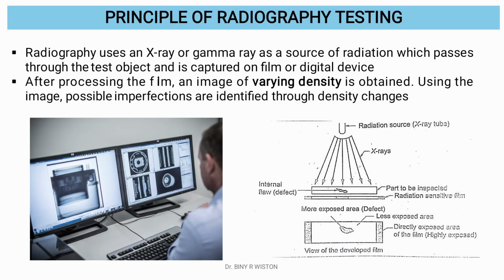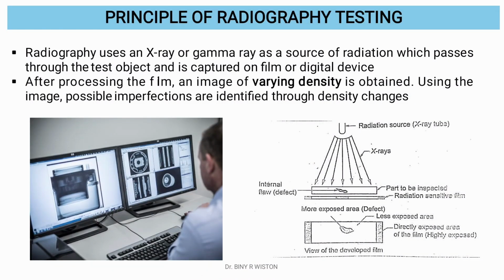In radiography testing, the part to be inspected is placed between the radiation source and the radiation sensitive film as shown. The part being inspected will stop some of the radiation where there are thicker and more dense areas.